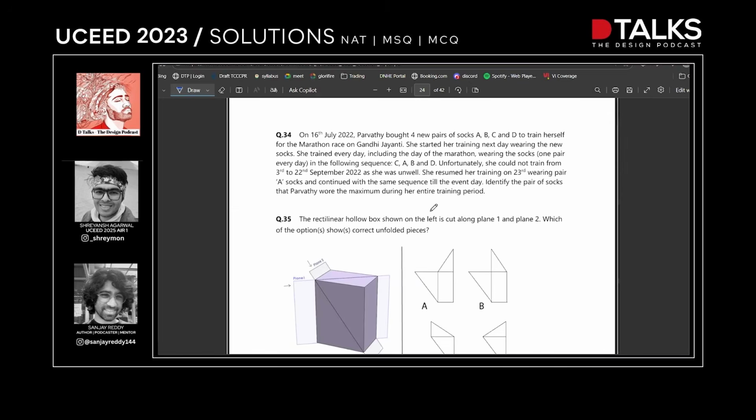She trained every day, including the day of the marathon, wearing the socks one pair every day in the following sequence: C, A, B, and D. Unfortunately, she could not train from 3rd to 22nd September 22 as she was unwell. She resumed her training on 23rd wearing pair A socks and continued with the same sequence till the event day. Identify the pair of socks that Parvati wore the maximum during her entire training period.